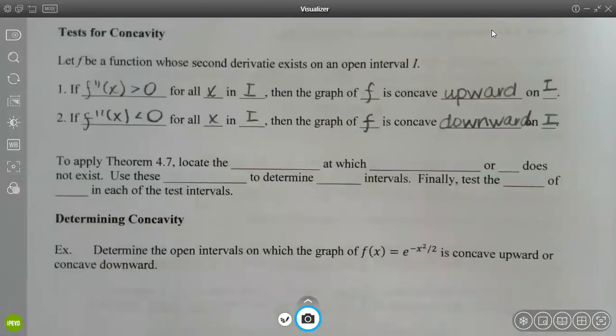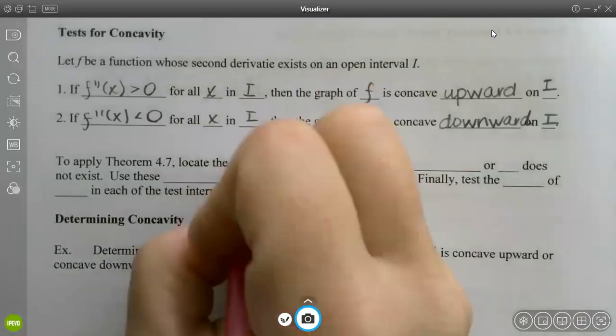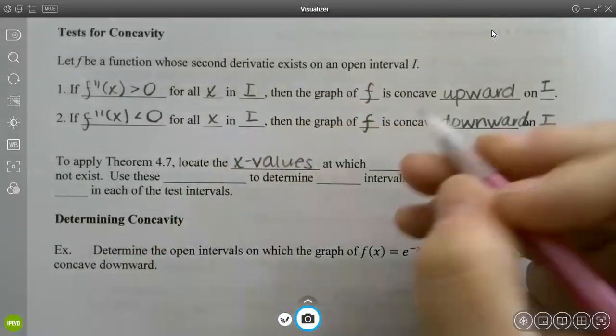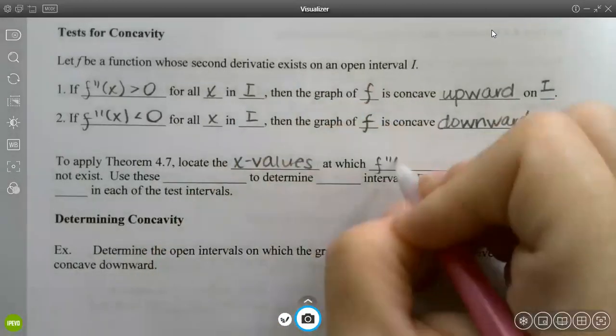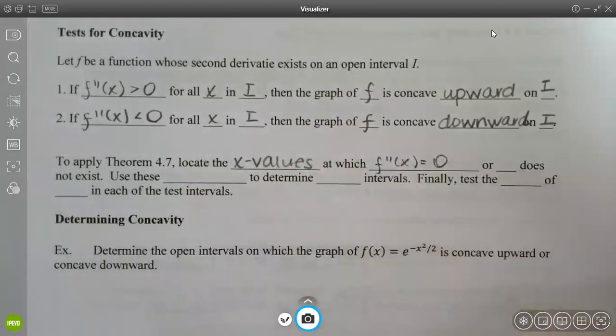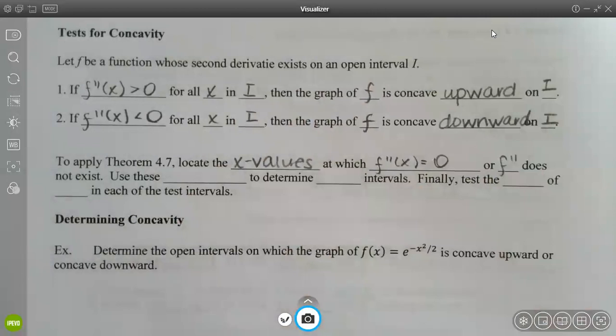To apply theorem 0.7, locate the x values at which f double prime of x is equal to 0, or where f double prime does not exist.